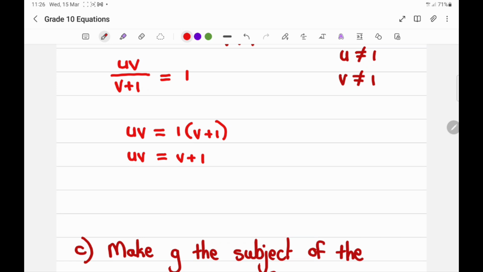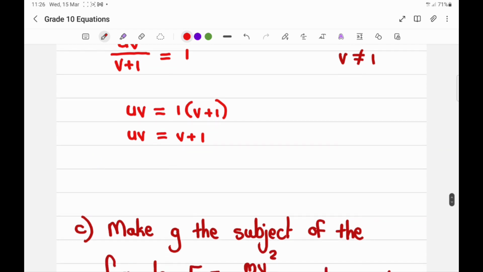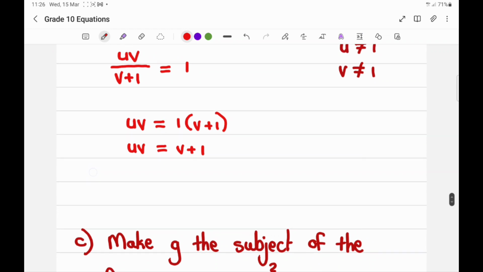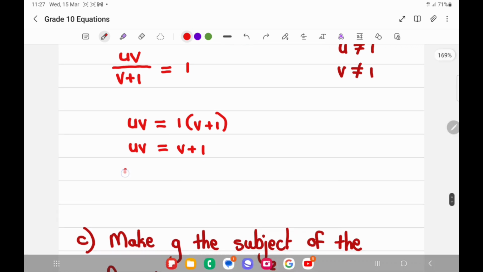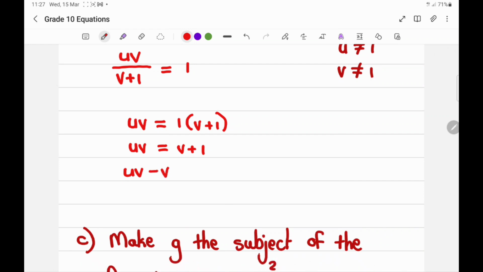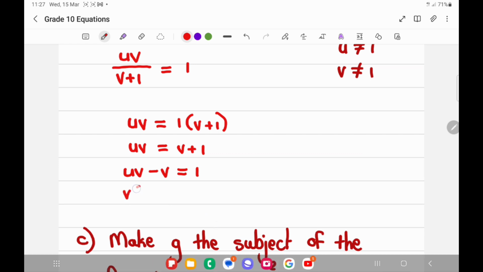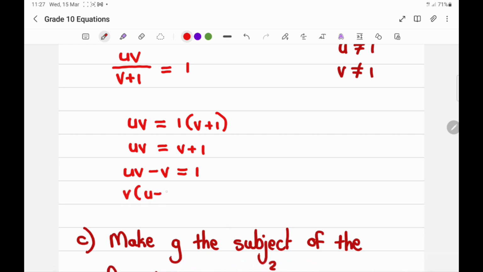Okay, so we want to have v on, okay, so if you've got two v's, we need to bring those v's together so that we can factorize, so that you can take out a v so that we can get v alone. All right, so I'm going to bring all the v's together, because in actual fact we want to then, like I said, factorize. So we're going to say uv minus v is equal to 1. Then I'm going to factorize by taking out a v, and I'm left with v times u minus 1 is equal to 1. And now we can say divide with u minus 1 on each side.